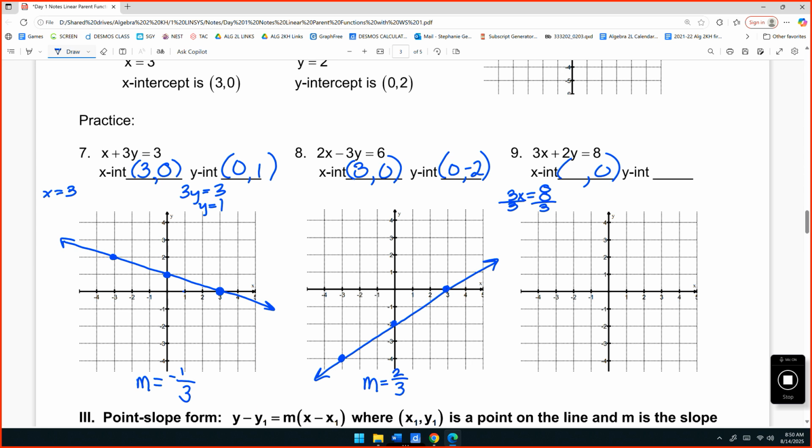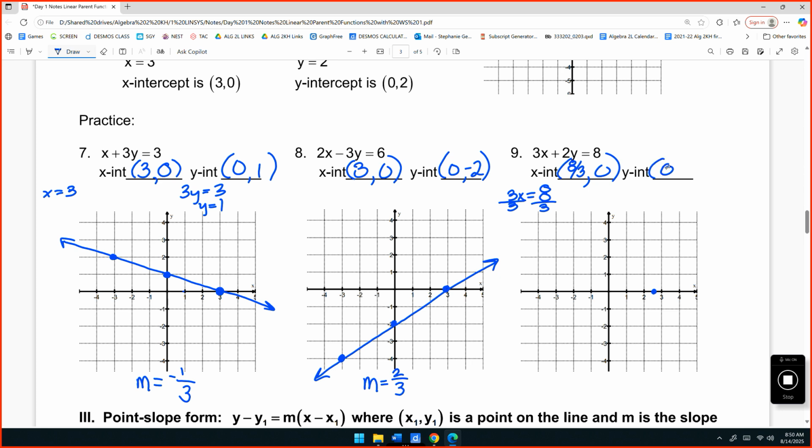That's okay. That's still the x-intercept. The x-intercept is still 8/3. And what is 8/3? It's like 2 and 2/3. It's almost 3, right? So it'd be like right here. Okay, and then we can get the y-intercept.